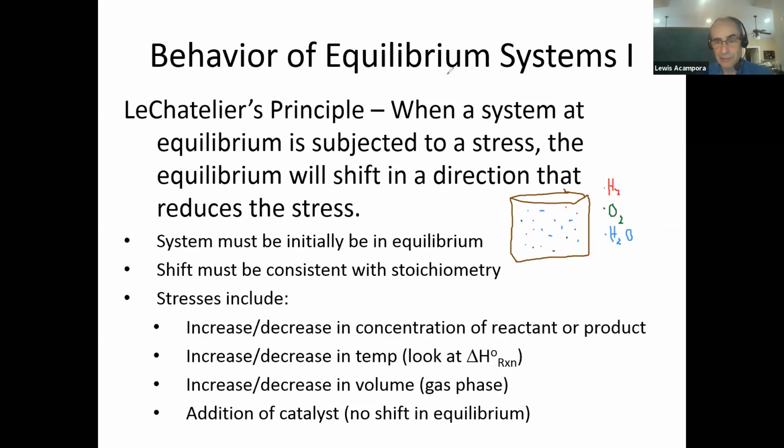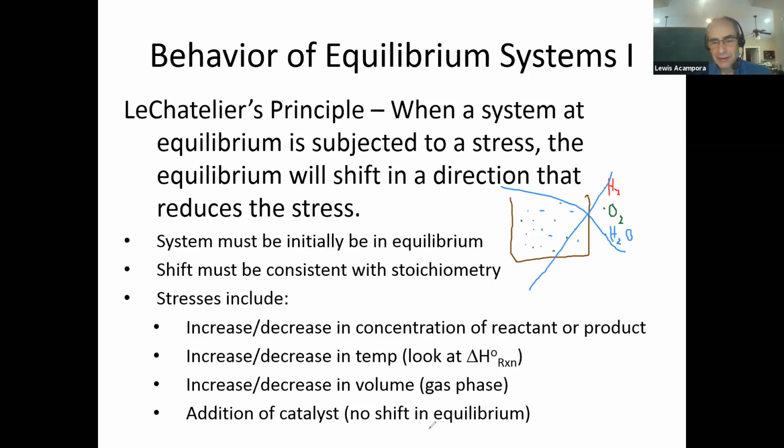Then two of my red dots would react with one of the green dots, the oxygen, and form two blue dots. So if there's no equilibrium, then nothing really interesting happens.